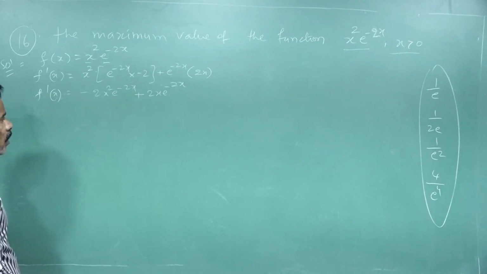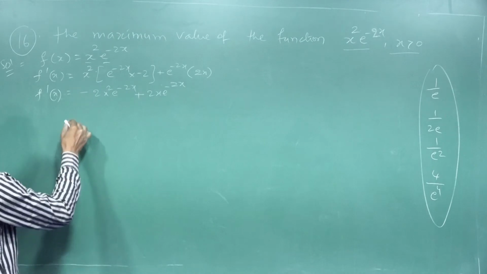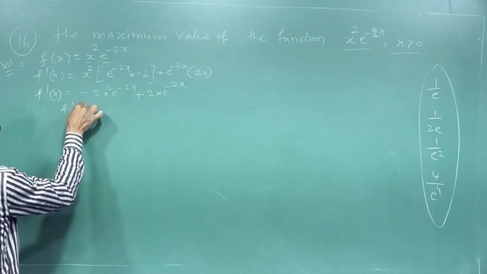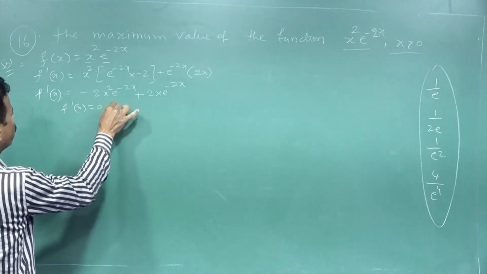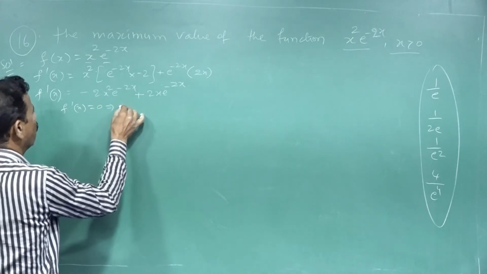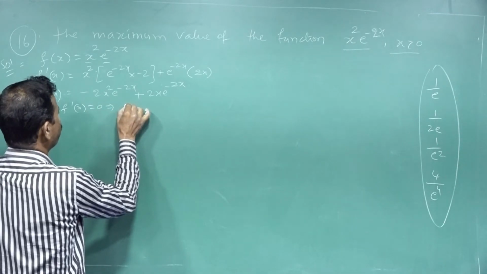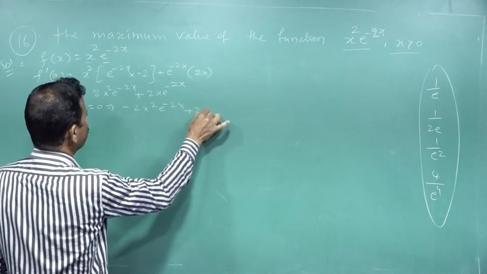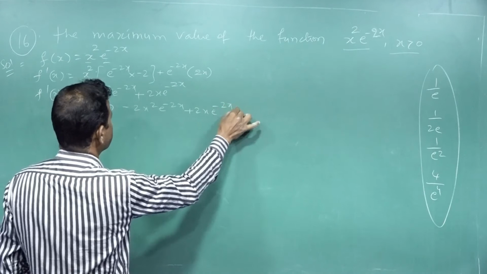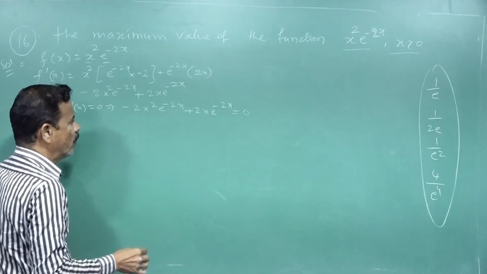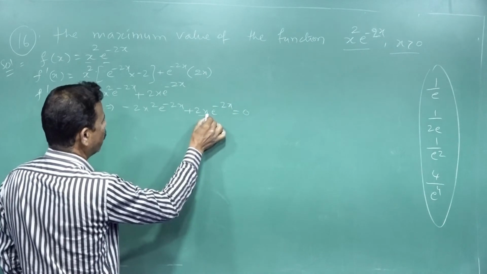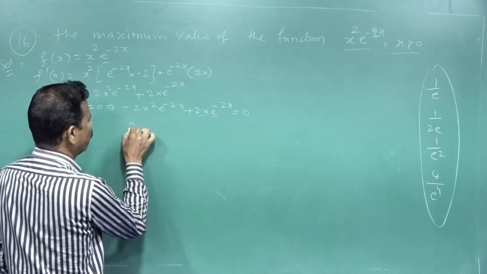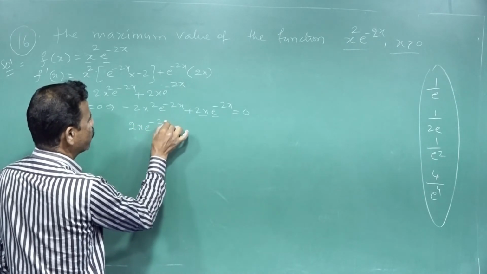So for finding the maxima and minima, f dash x should be 0. F dash x is equal to 0, then minus 2x square e power of minus 2x plus 2x e power of minus 2x is equal to 0. So what is common here? 2x common, e power of minus 2x common.